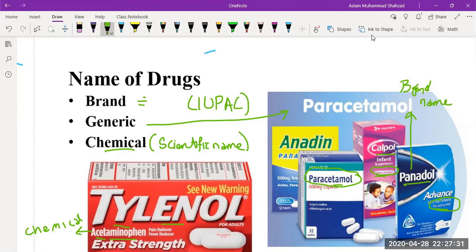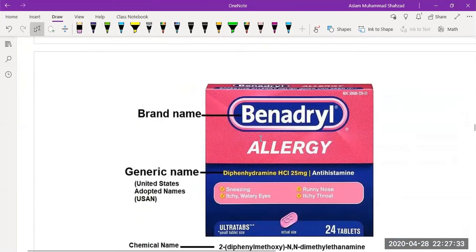I will give you another example to explain the same concept. This is another product known as Benadryl. If you see this label, you can find out that the name Benadryl is the brand name given by the pharmaceutical company. Then we have the generic name given by the American society, USAN, United States Adopted Names, and they give the name diphenhydramine.